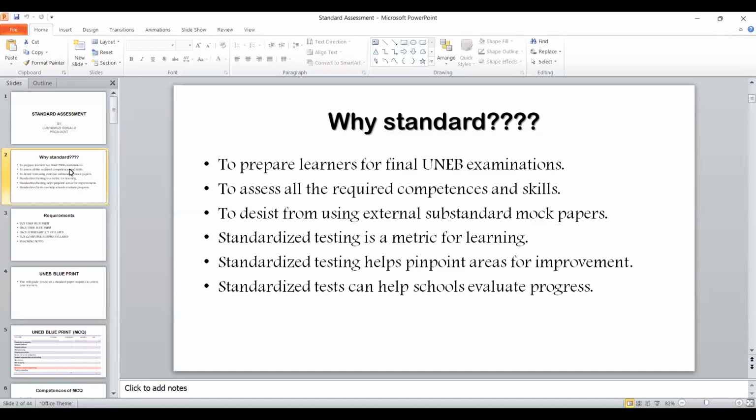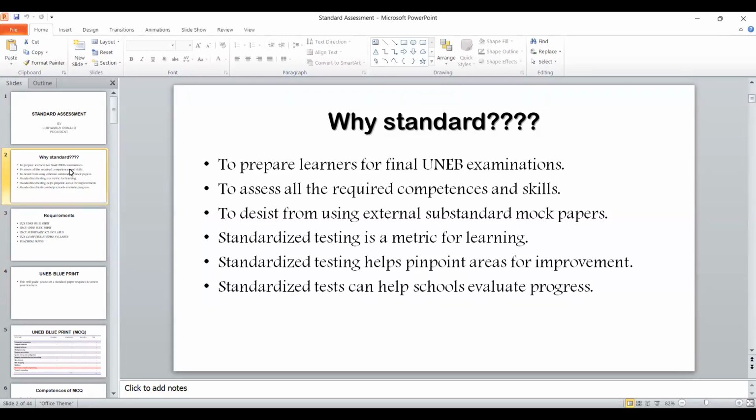But I would give an example. Last year, I made a thorough assessment of my mock paper, which was used in different schools. And after the exam, I received a lot of calls. The teachers were trying to congratulate me. How did you look into the paper? I said, I sit down, I look at what they have been setting.